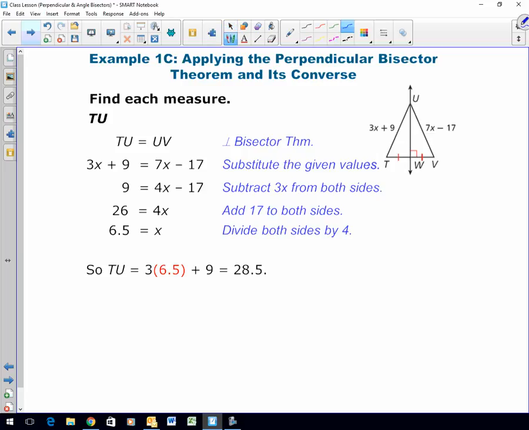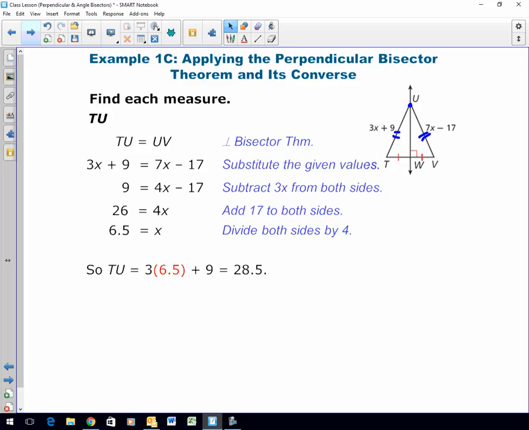What my theorem says is that if this is the perpendicular bisector, then point U is equidistant from T and B, which means those two segments are congruent. If the segments are congruent, they have to be equal.